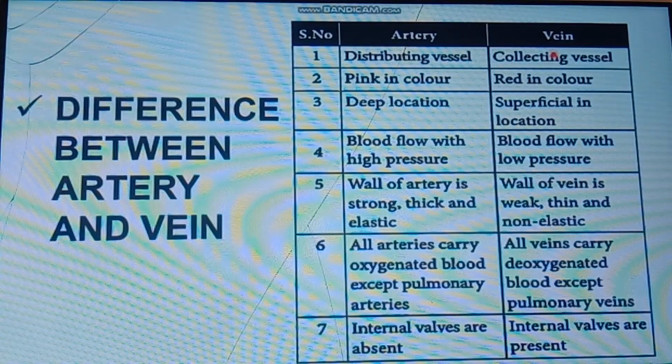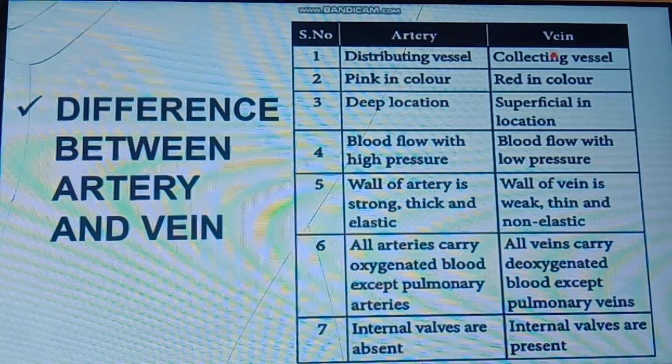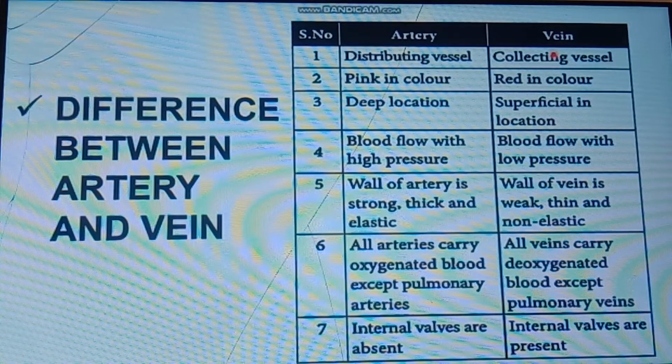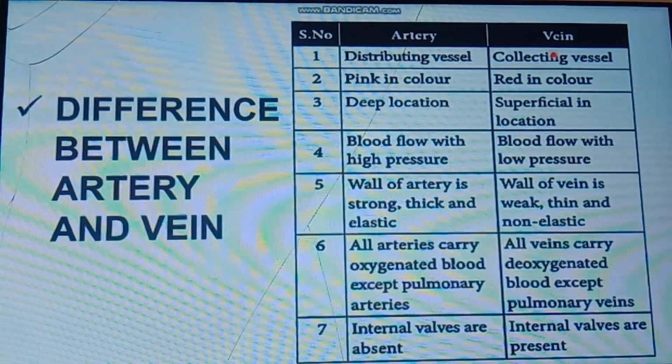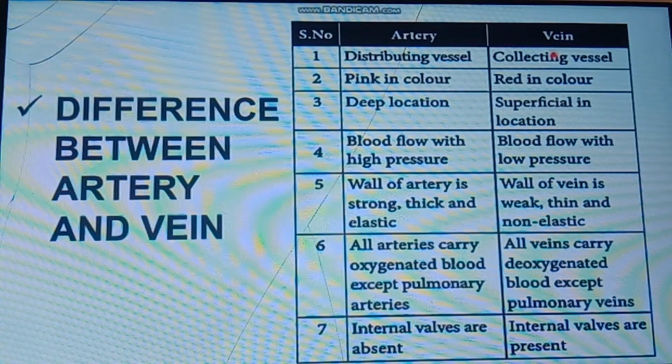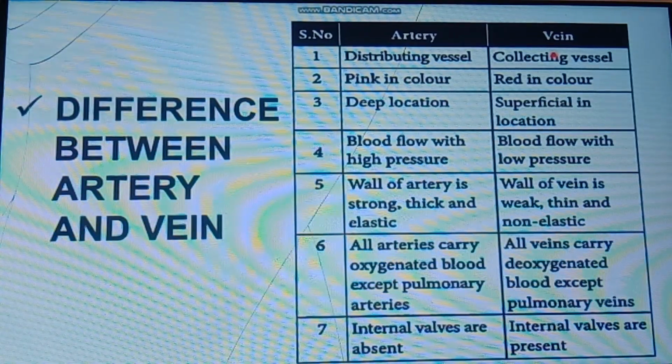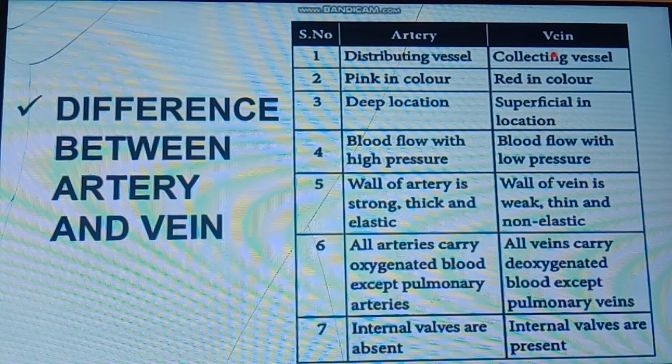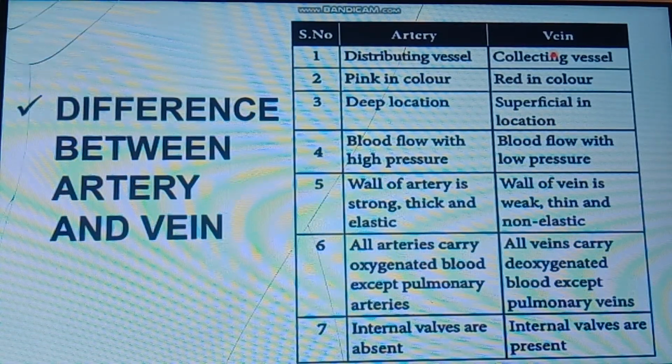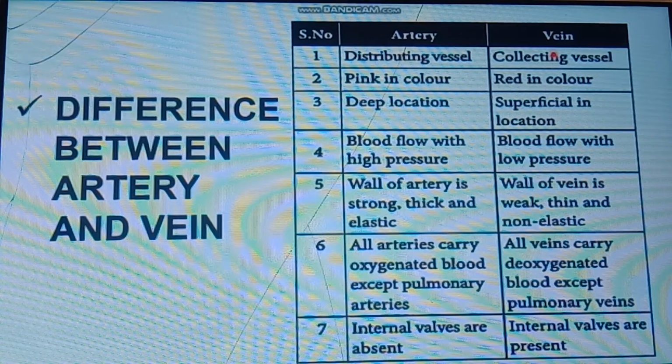Next, we are going to the difference between artery and veins. Listen carefully, in a tabular column. Artery is a distributing vessel, veins are collecting vessels. Number 2, artery is pink in color, veins are red in color.